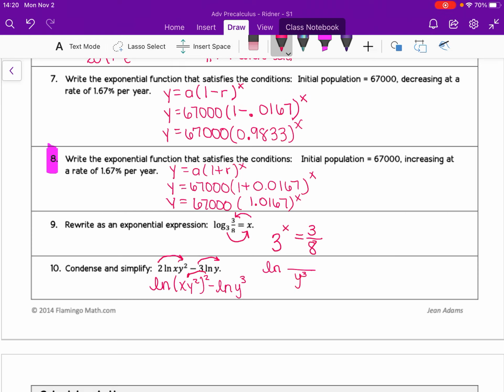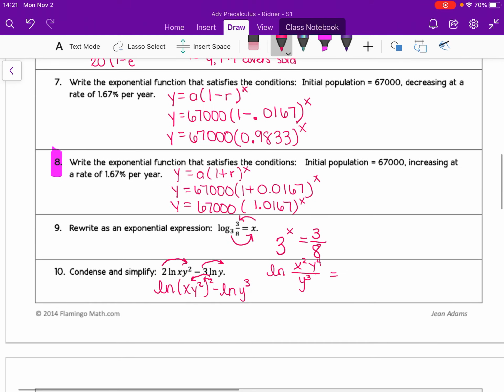And then an exponent to an exponent, that's a power to a power. So I would have x squared y to the 4th. I know that I have completely condensed when I just have ln by itself. However, look on the inside and see if there's anything I can simplify. I have y to the 4th divided by y cubed, which is just y. So I could have x squared y. So ln of x squared y.